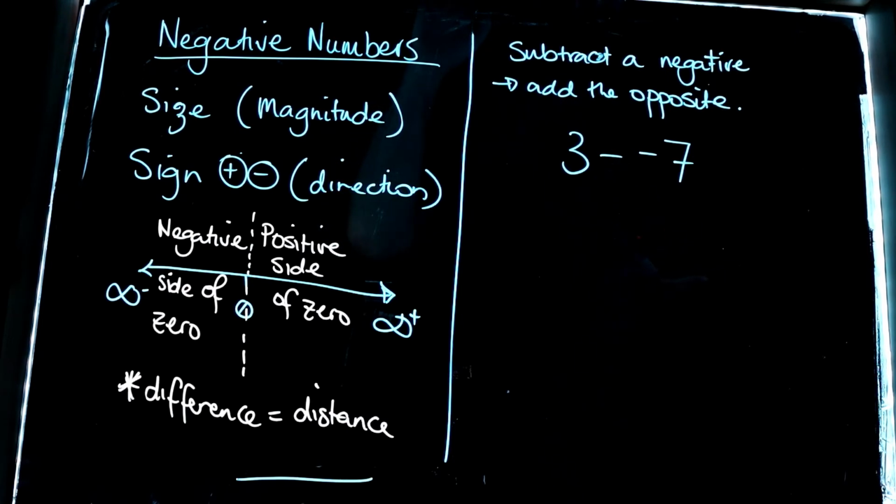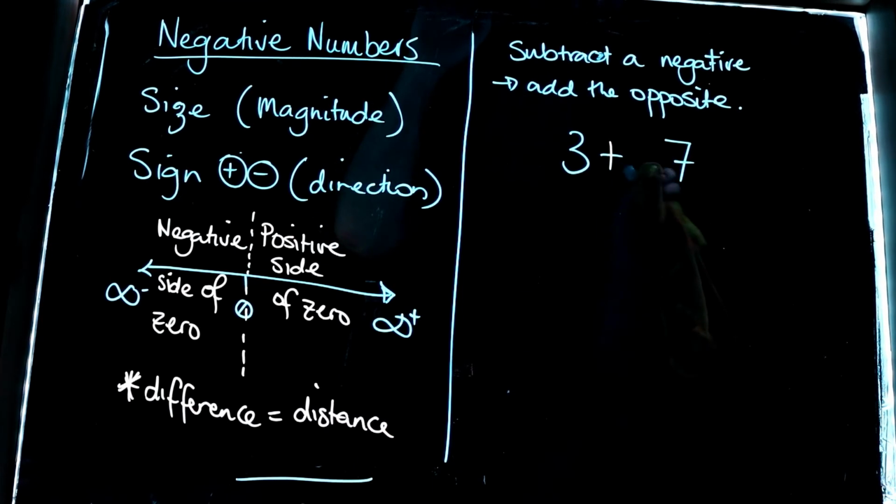Adding the opposite is as simple as changing those both to plus signs. Two strokes of the pen, and it's a little bit easier to read. It's 3 plus 7, okay? Because it's on pen on your page, you can't do this, what I'm just about to do here, and remove that other plus sign, because it's already there.